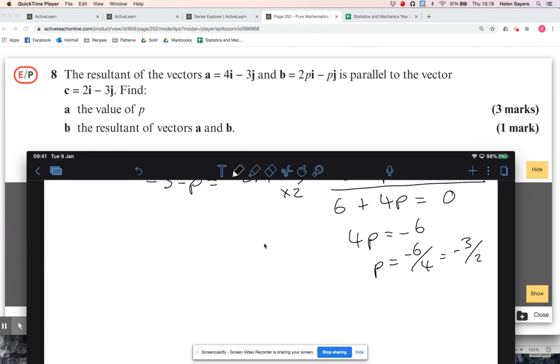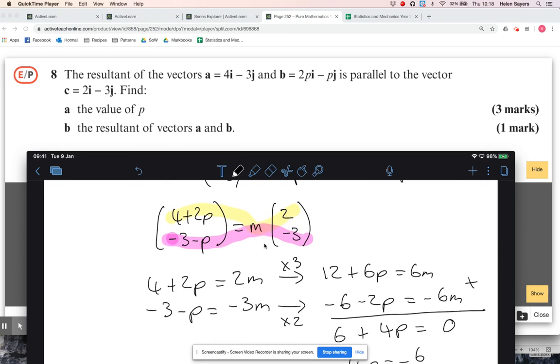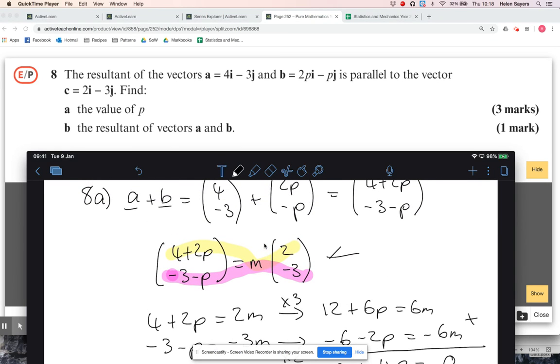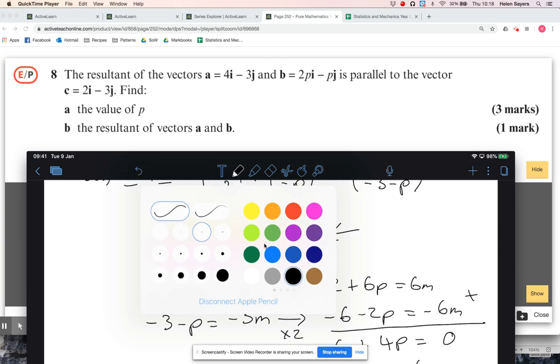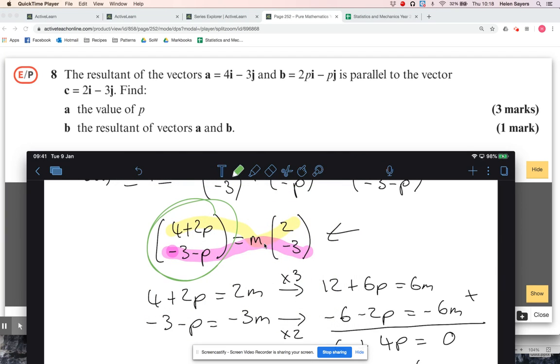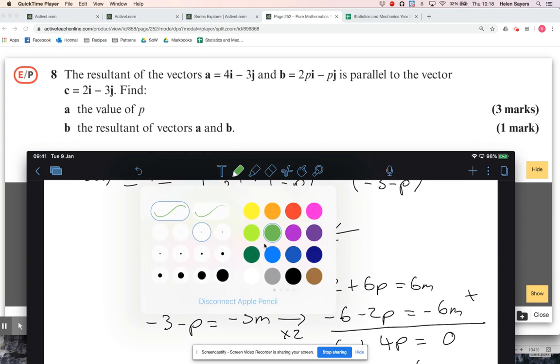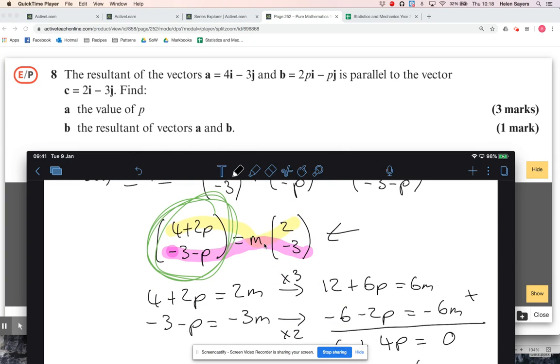Okay, so then find the resultant of A and B. So I'm looking back to this. I haven't found m, so actually I think the easiest way is I would just go back to this and substitute p into that. So this is part b. So 4 plus 2 times p, where p is -3 over 2.